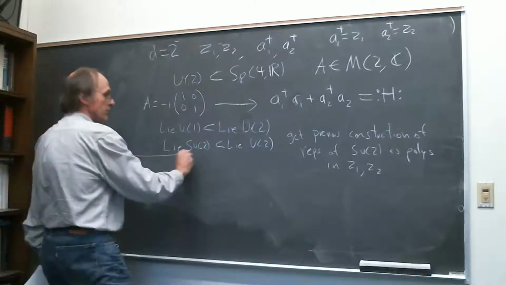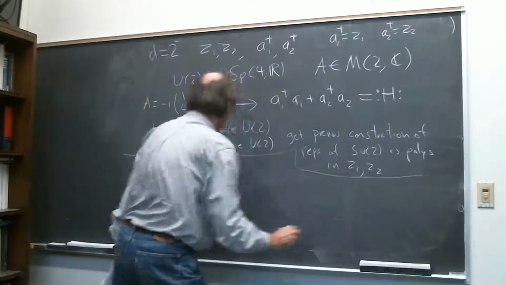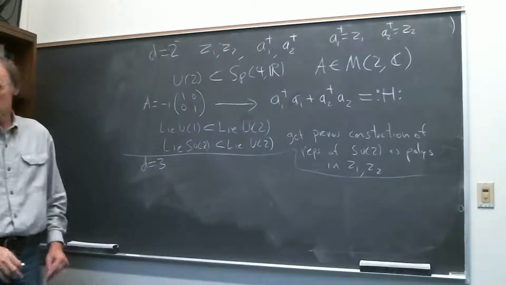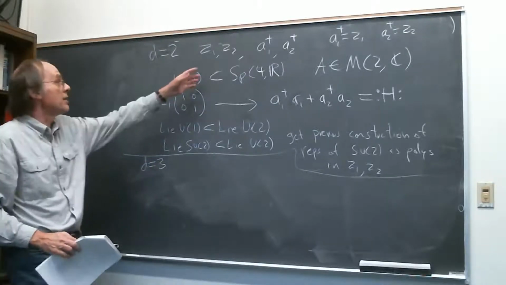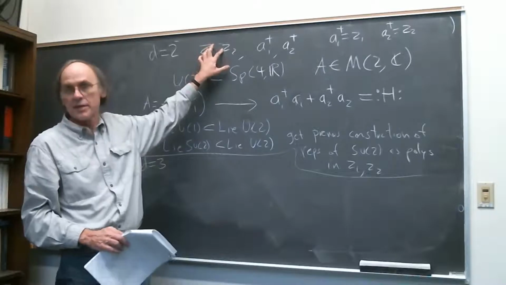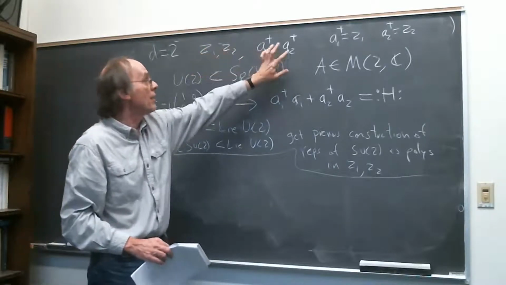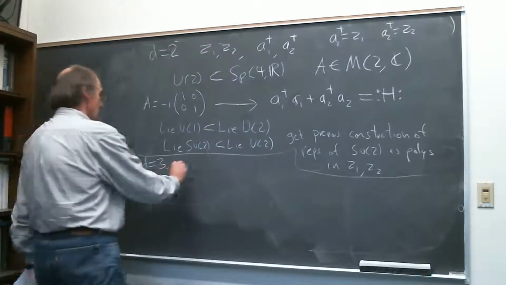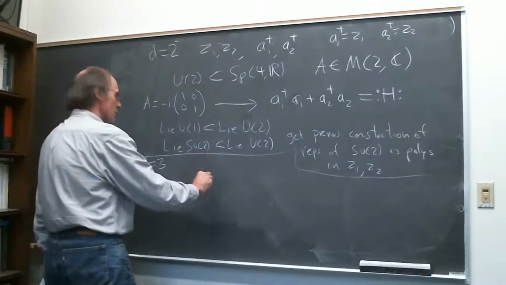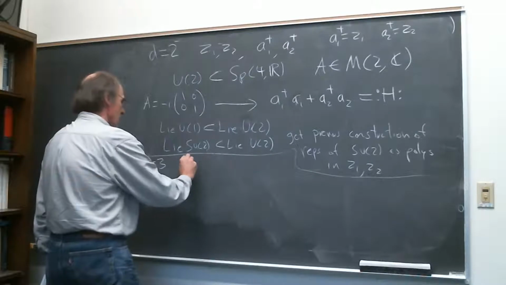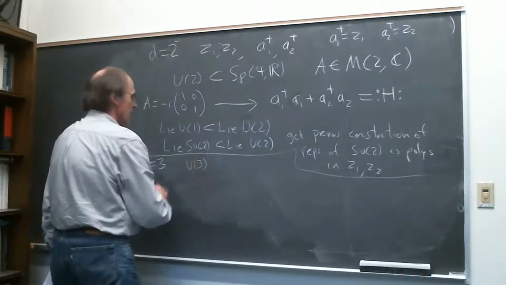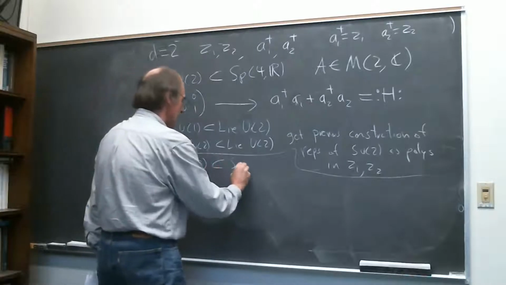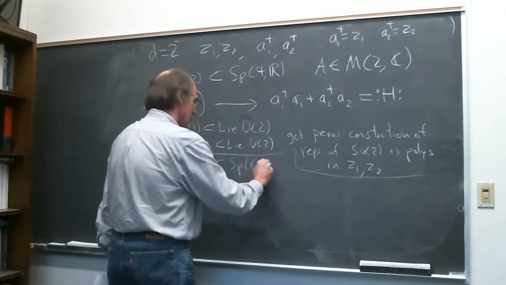But now let's do D equal to 3. Again, you're going to classically have three creation and three annihilation operators, and the complex structure is going to pick out a U3 inside Sp6R.